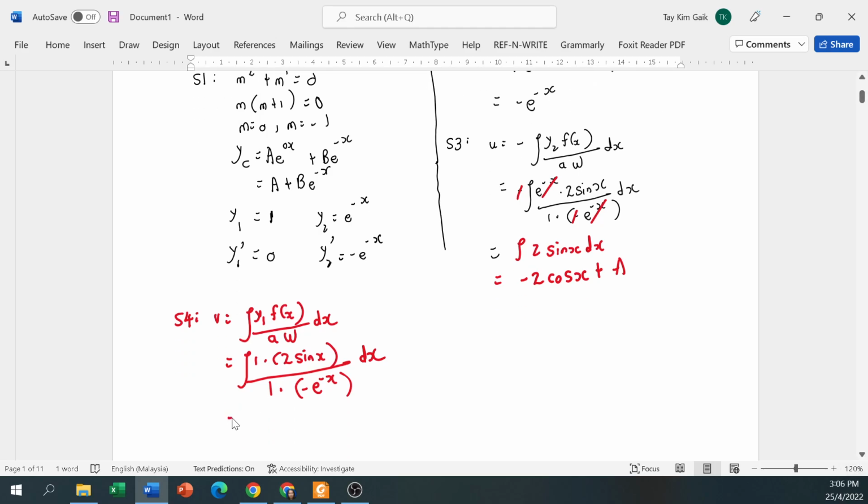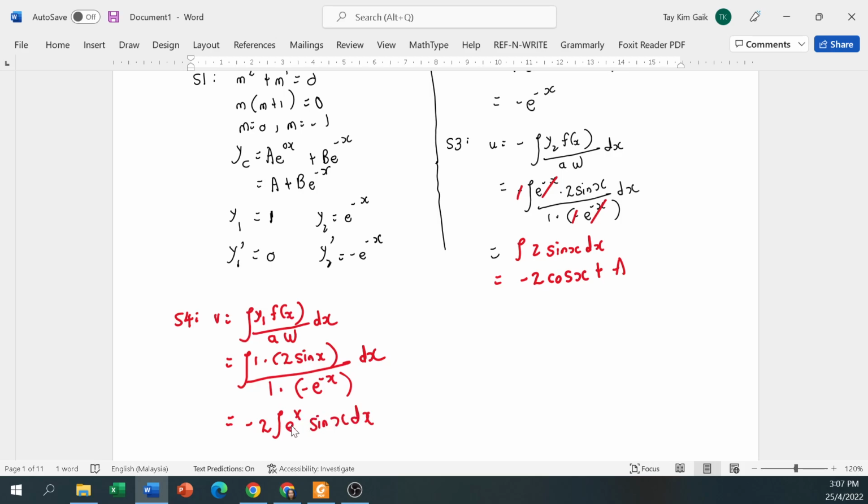So in this case, you have negative 2 integral of exponent x sin x dx. Dividing by exponent negative x, you bring it to the numerator and it becomes exponent x.